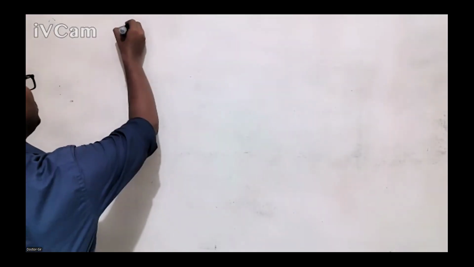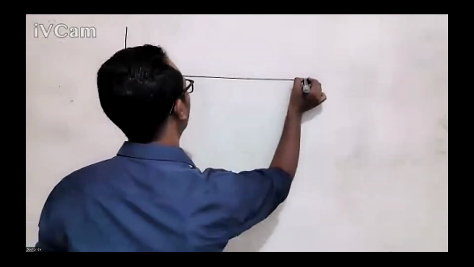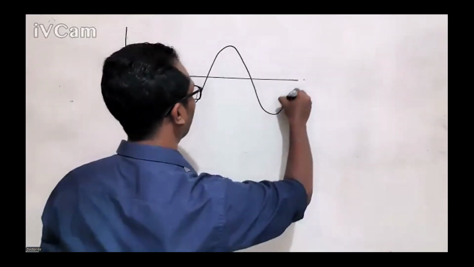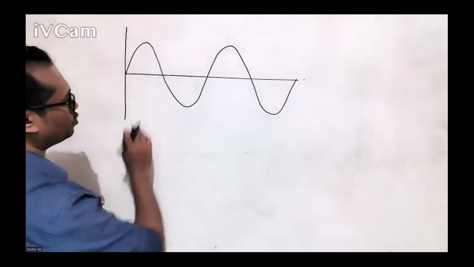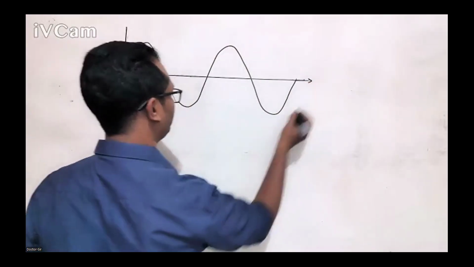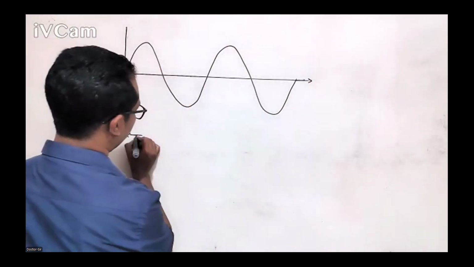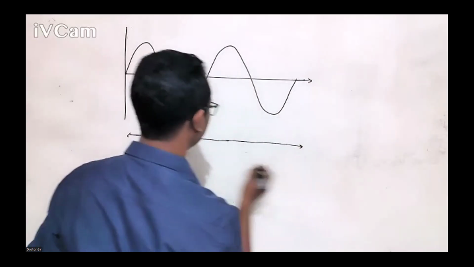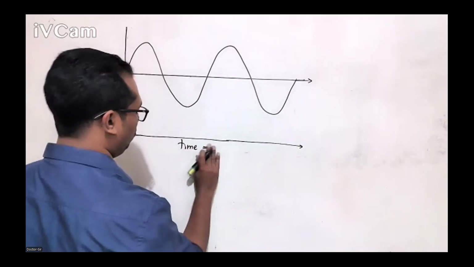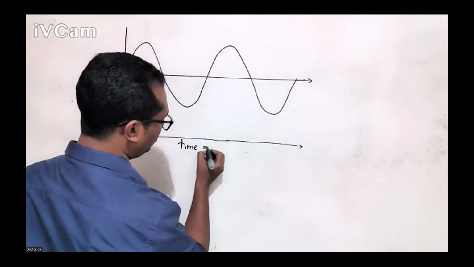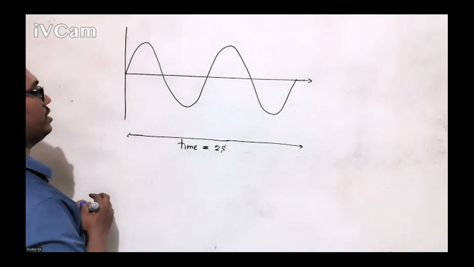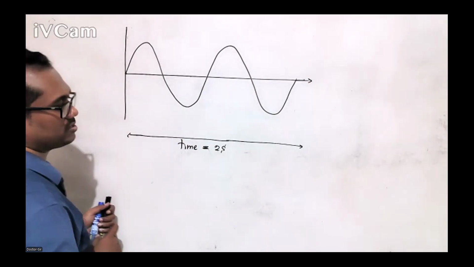Now take a wave. I take two wave cycles. Now I will tell the time. From here to here, the time is 2 seconds. Now, how many wave cycles are there?